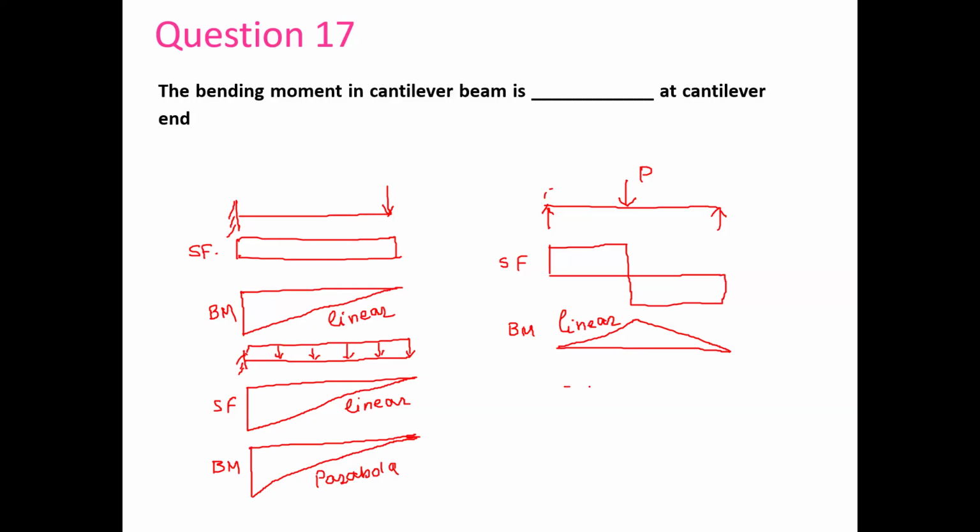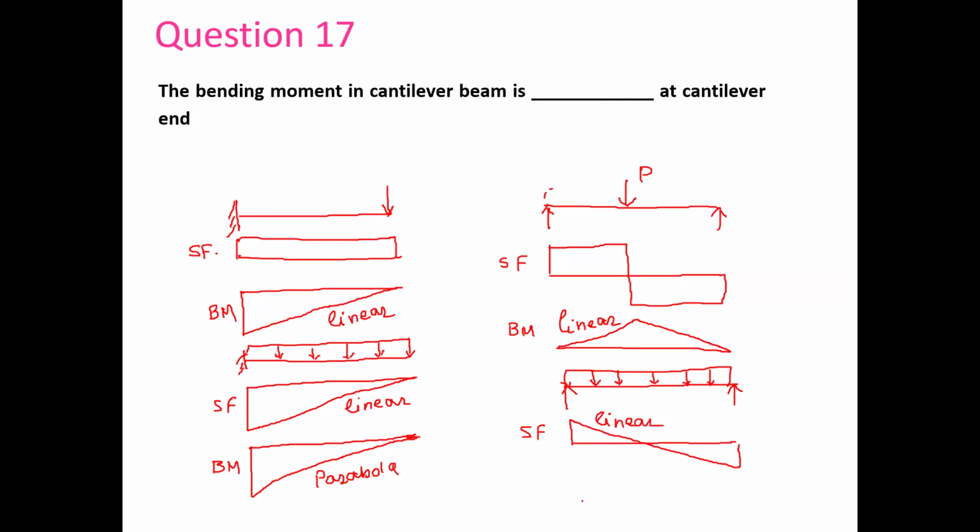If we go with UDL, generally you will be asked these only. One question definitely you have on this. Then you have the diagram in this fashion, which will be shear force, again linear.